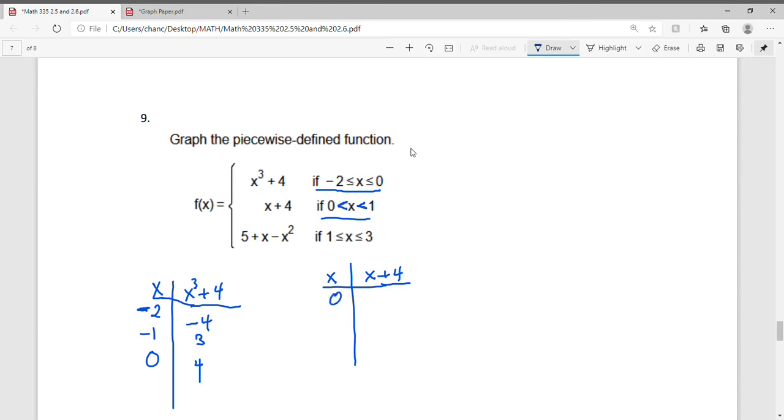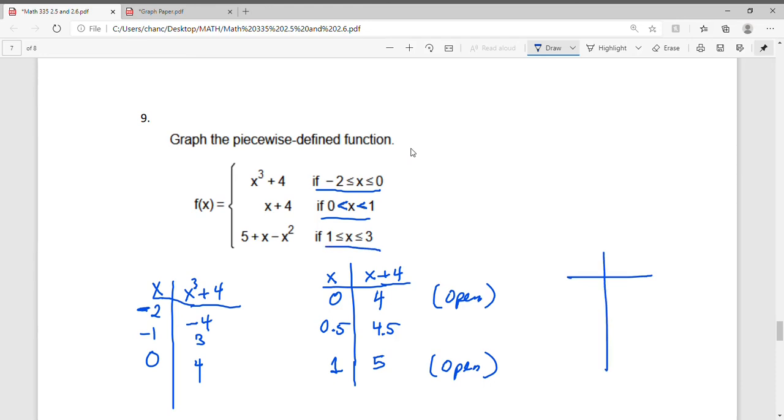We'll pick 0, we'll pick 0.5, and we'll pick 1. Again, be aware that at 0 it will be open and at 1 it will be open because we have less than symbols. 0 plus 4 is 4, 0.5 plus 4 is 4.5, and 1 plus 4 is 5.